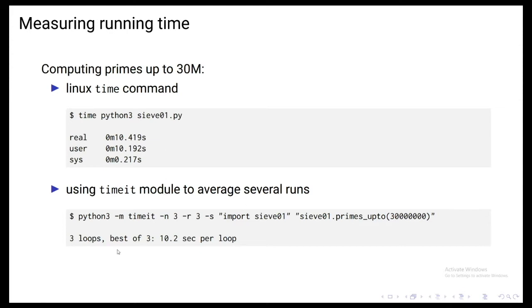And then, more Python specific, if you are tuning some specific function in Python code, you can make use of the timeit module, which will give you an average of several runs. You do 3 loops, and on each of those 3 loops you make 3 runs and get the best of each loop, and then it will print the average of all those loops.